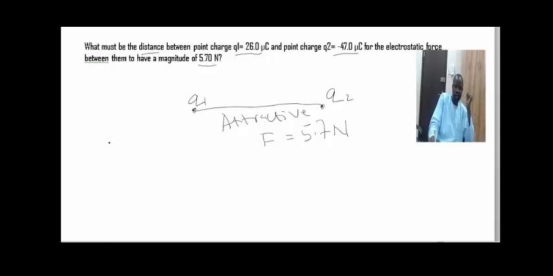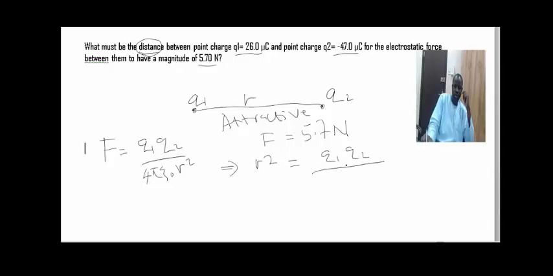From our relation of the Coulombic force, our force is given by Q1 Q2 over 4 pi epsilon naught r squared, where r is the distance between the two charges. In this case, our concern is to find r. So we can make r the subject of the formula by cross multiplying to have r squared equal to Q1 Q2 over F times 4 pi epsilon naught.